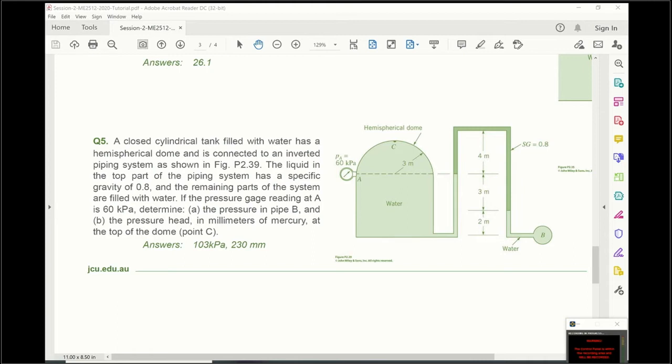This is PA. This side plus the delta equals delta. So rho for the liquid times g times h, which is 3, plus this side, rho for water times g times h, which is 2.